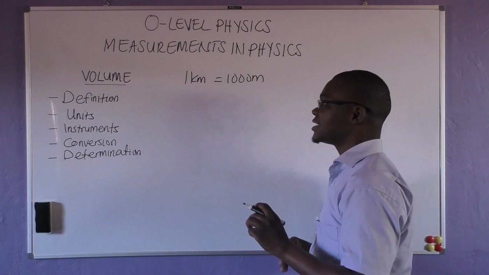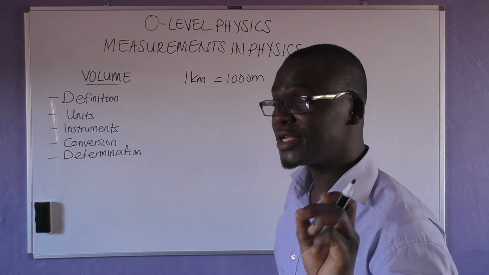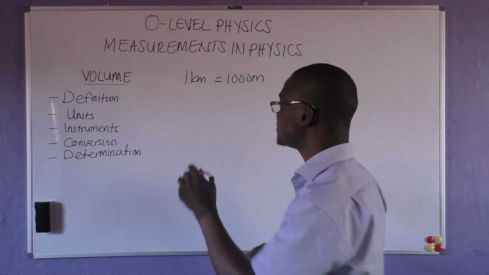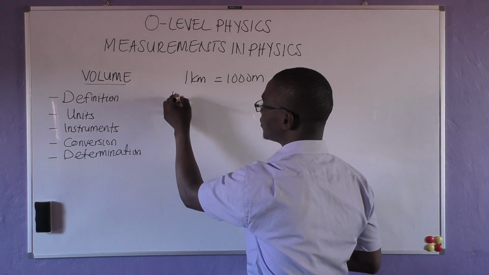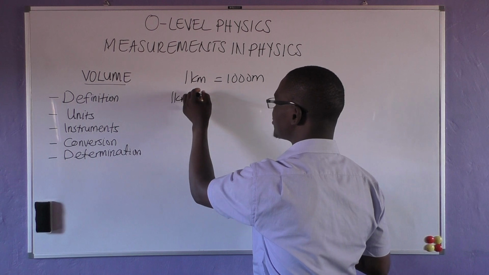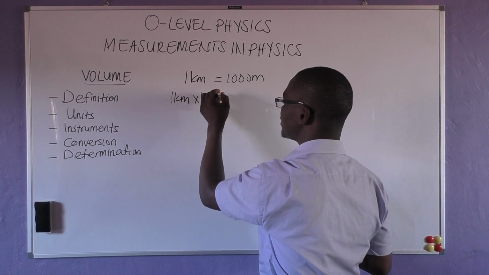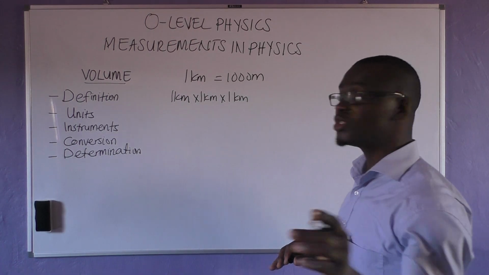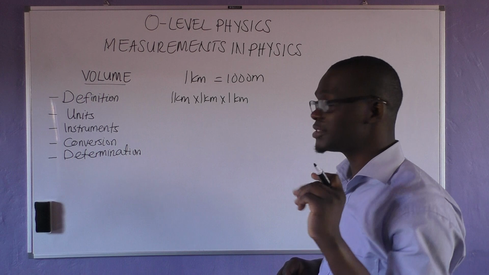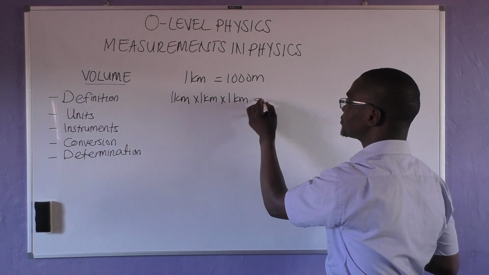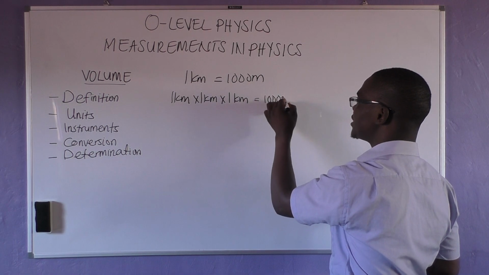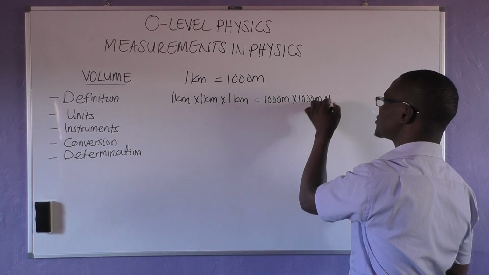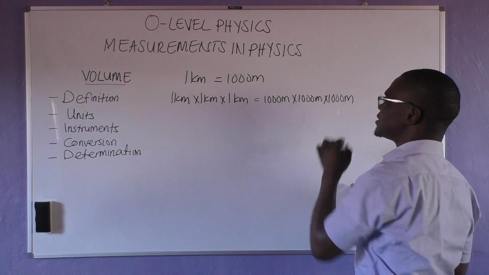So that means that to get kilometer cubed, I'll multiply this 3 times. That is 1 kilometer times 1 kilometer times 1 kilometer. I'll also multiply this side 3 times. That is 1,000 meters times 1,000 meters times 1,000 meters.